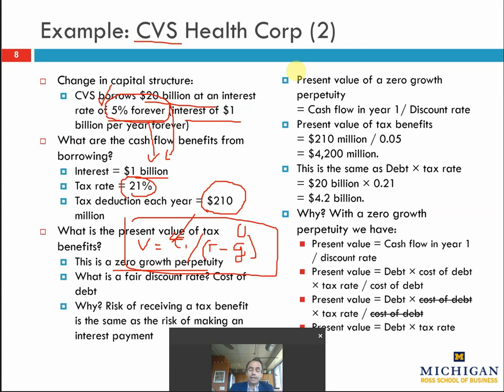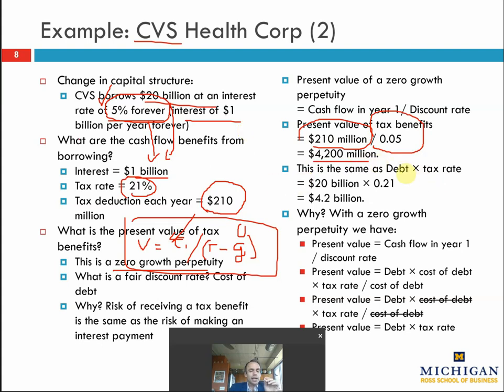But what I get is $210 million each year of tax benefits. The present value of those tax benefits is $210 million divided by a discount rate of 5%. It's a 5% discount rate because the risk of the tax benefits is the same as the risk of the interest payments. That present value computation works out to be $4.2 billion.